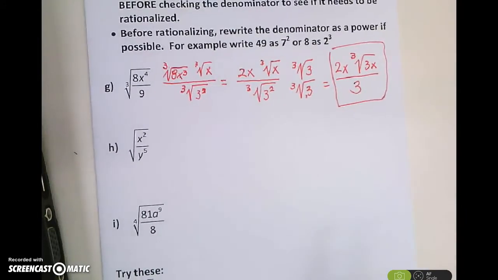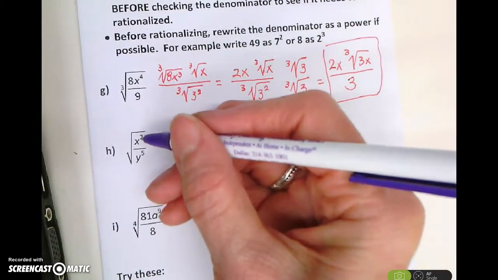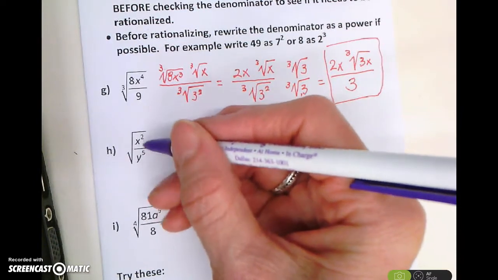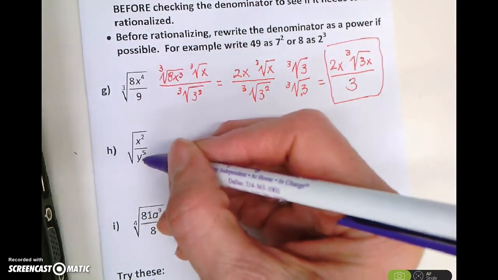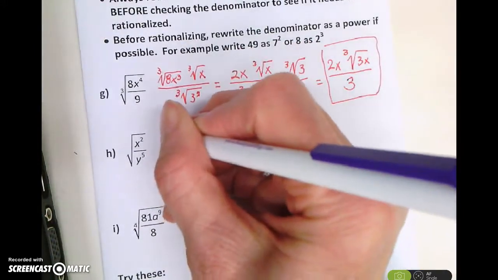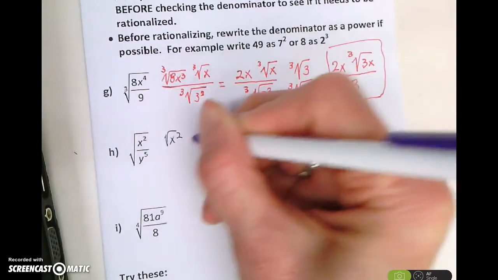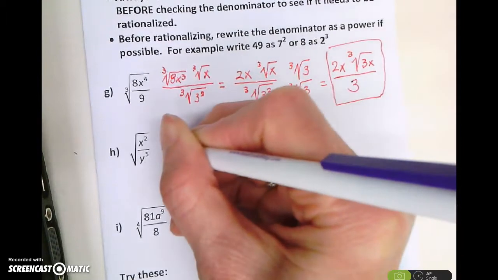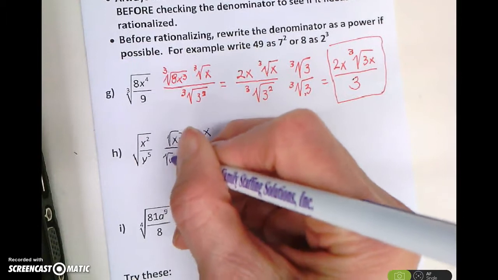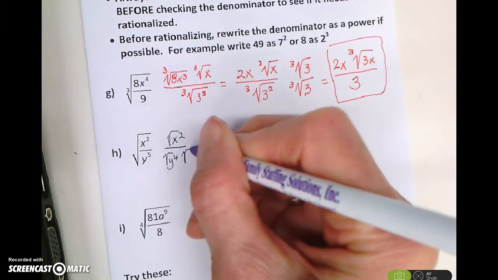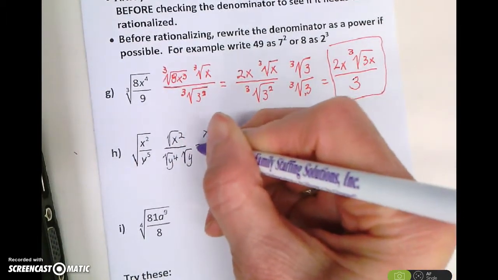All right, so example H. Again, this time I see that I cannot reduce it, but this is a square root, so I can actually simplify both of these. So I have the square root of x squared, which is x. And in the denominator, I have the square root, and I'm going to break it up into y to the fourth and y.